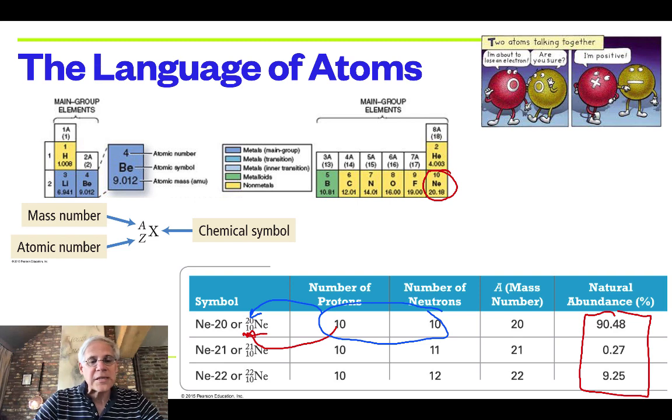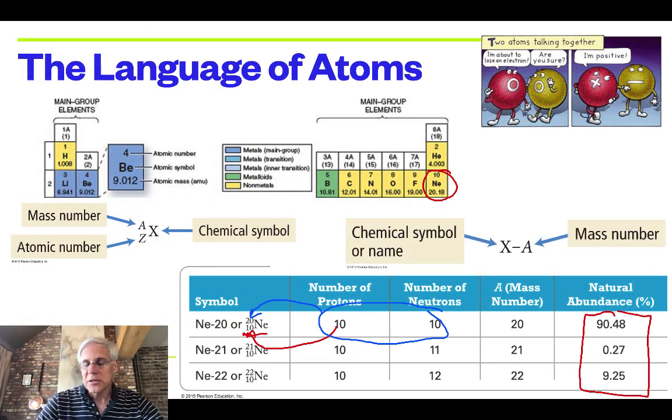So notice how I said that: neon 20, neon 21, neon 22. This is a different way of expressing which isotope you're dealing with. So rather than use this full atomic symbol, where the atomic number is really kind of redundant because we don't need to show that neon has 10 protons, we know that because it's neon, and we can look it up in the periodic table. However, we do need to know the mass number here because the mass number can change for the different isotopes.